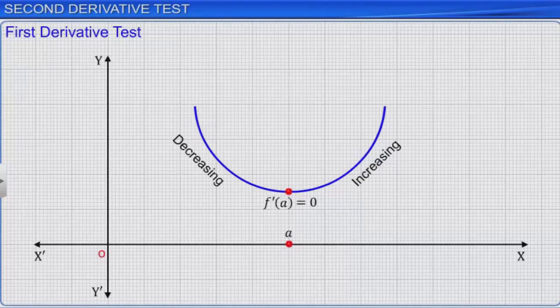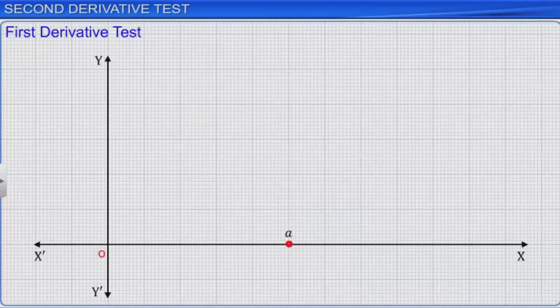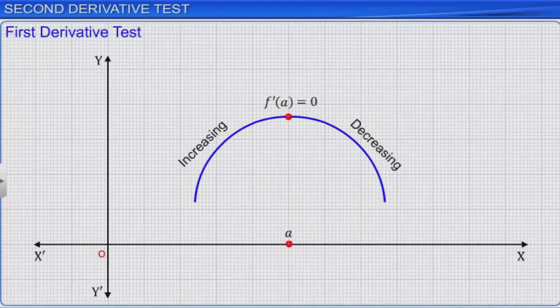And the local minimum value of the function is the value of function f at A. Also, if the derivative of f changes its sign from positive to negative as x increases through a point A, then A is the point of local maxima. And the local maximum value of the function is the value of function f at A.